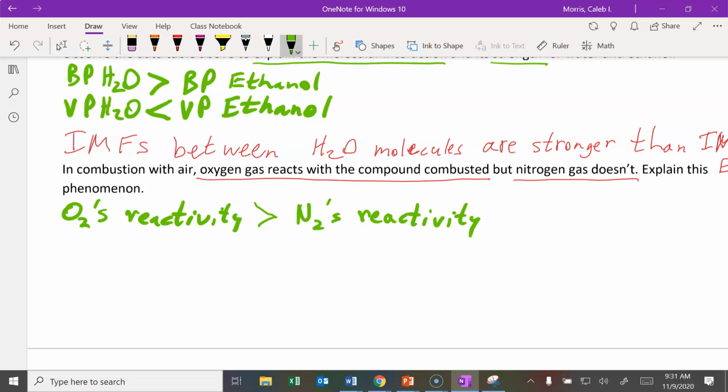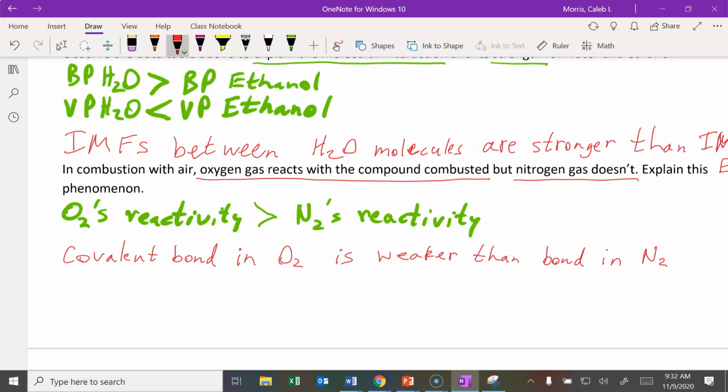Or you could say oxygen is more reactive than nitrogen is. So what that tells us is the covalent bond in O2 is weaker than the covalent bond in N2. So the bond in O2 is weaker than the bond in the N2 molecule.